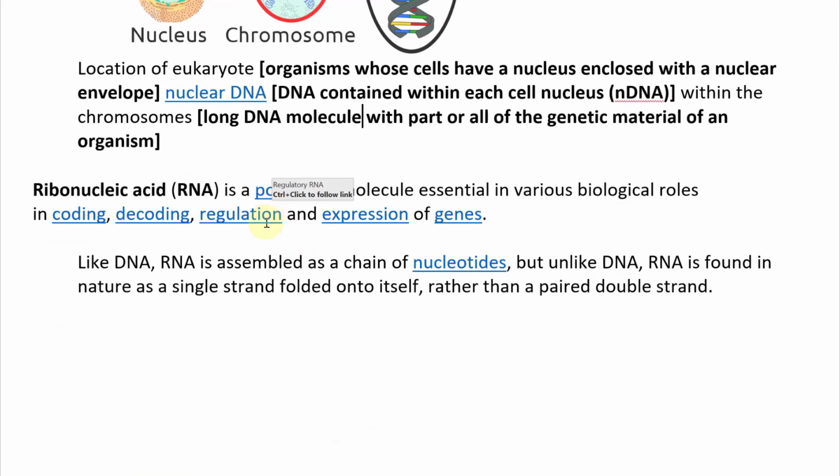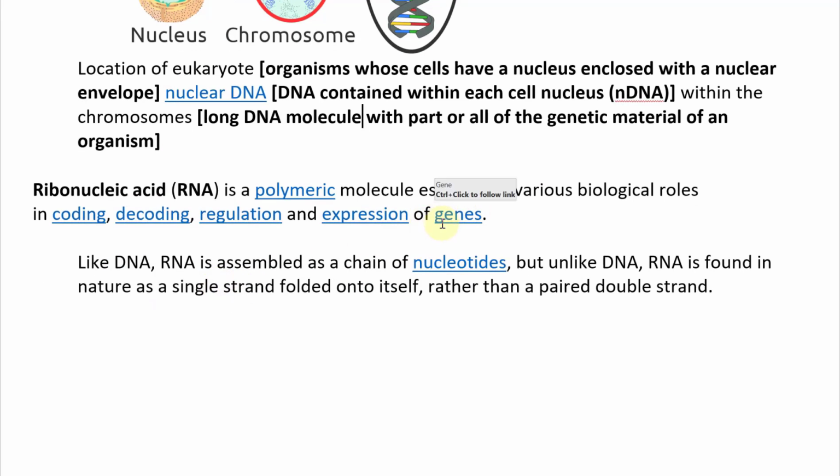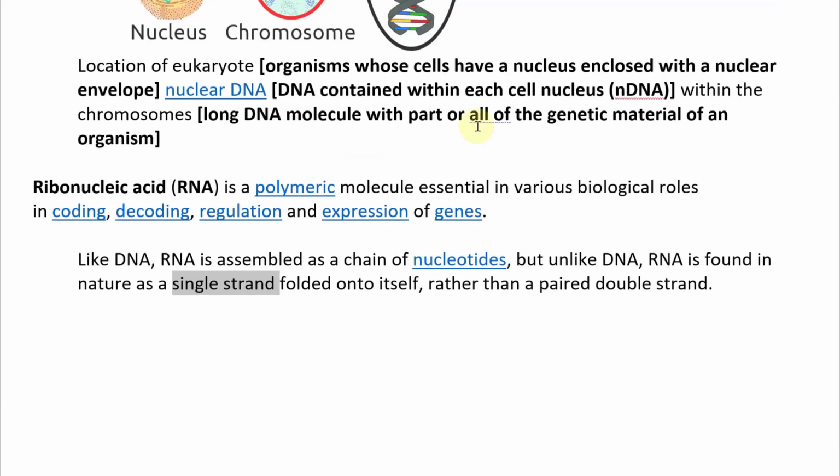So let's continue further. Now let's look at ribonucleic acid, or RNA. It is a polymeric molecule, which just means you can stack up monomers to make a longer chain. It is a molecule essential in various biological roles in coding, decoding, regulation, and expression of genes. Like DNA, RNA is assembled as a chain of nucleotides, but unlike DNA, RNA is found in nature as a single strand as opposed to a paired double strand.